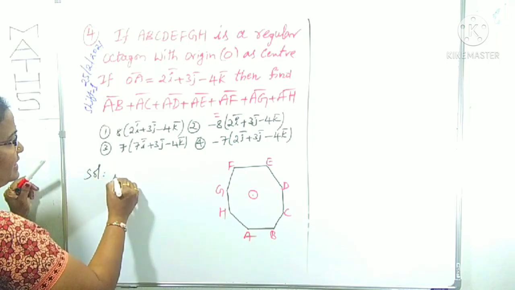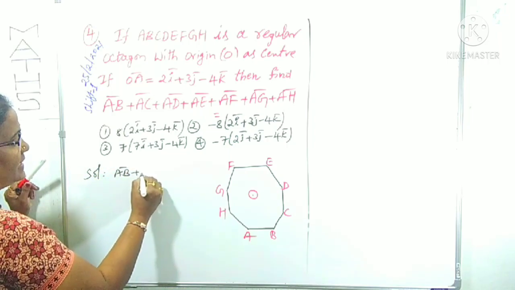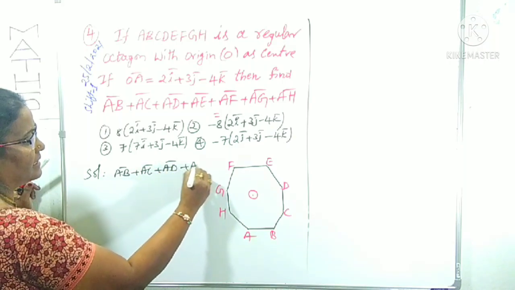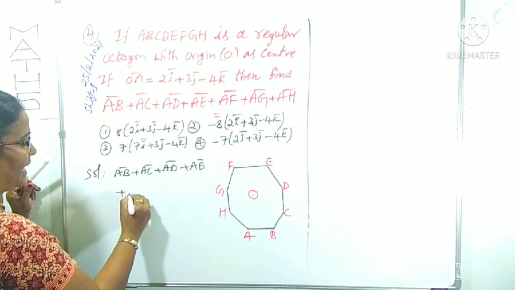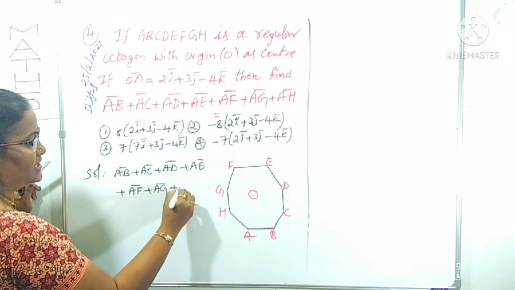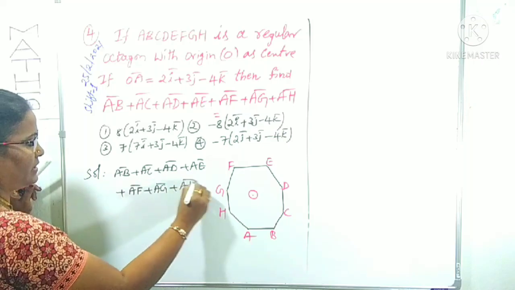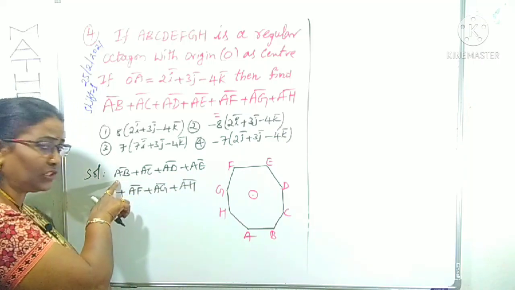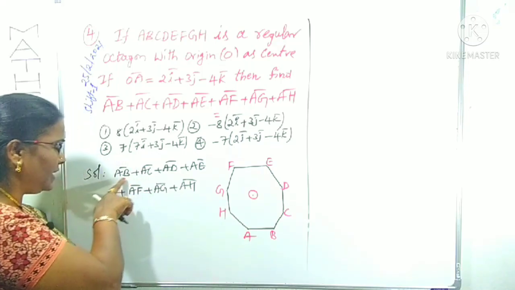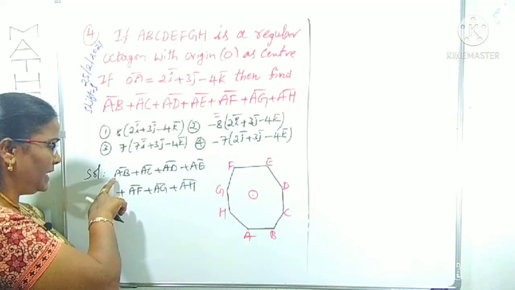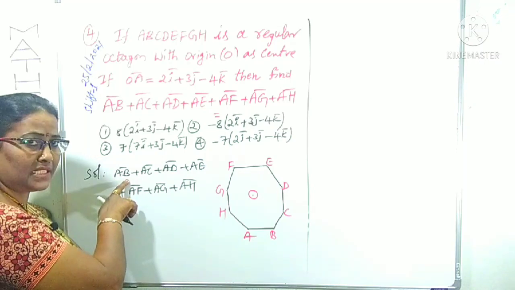The required result is what I am writing here: AB plus AC plus AD plus AE plus AF plus AG plus AH. We can now write the sum of all these vectors. Vector AB means the line joining point A to point B, where A is the initial point and B is the terminal point.